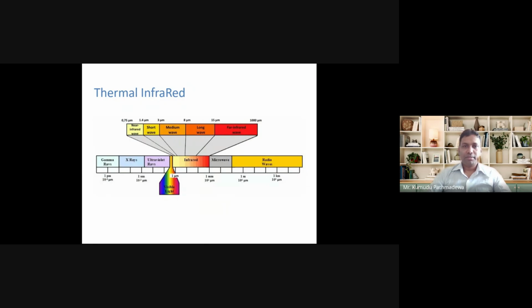So as you can see, for your understanding, I again put this slide here. This is the electromagnetic spectrum. So this region is the infrared region. So we discuss this region here, near infrared wave to far infrared wave.